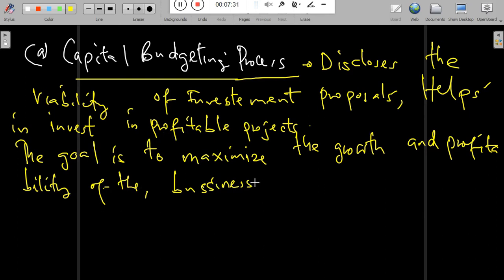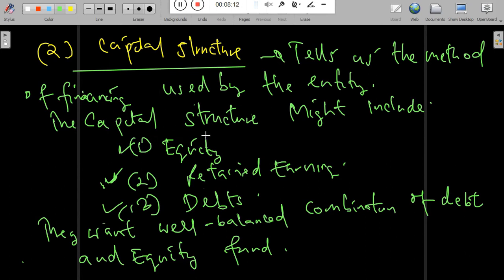The goal of capital budgeting is to maximize the growth and profitability of the business. As part of capital budgeting, financial analysts go over various investment alternatives. They conduct a comparative analysis of investments, present and future value, to interpret their risk and returns, in light of organizational goals. Only the most suitable projects are given the chance.